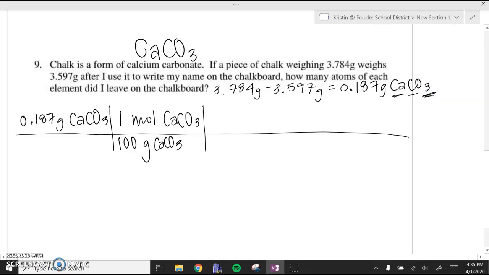So I'll go ahead and just start this calculation with calcium. And so in 1 mole of calcium carbonate, there is 1 mole of calcium because there's 1 calcium in calcium carbonate.